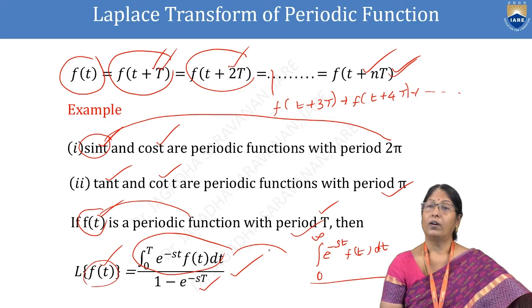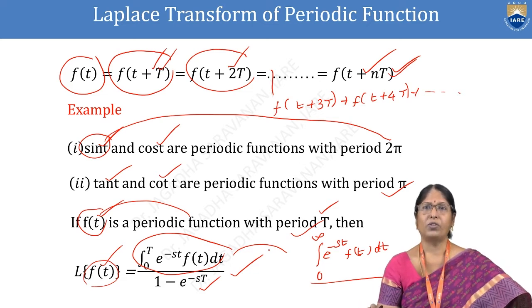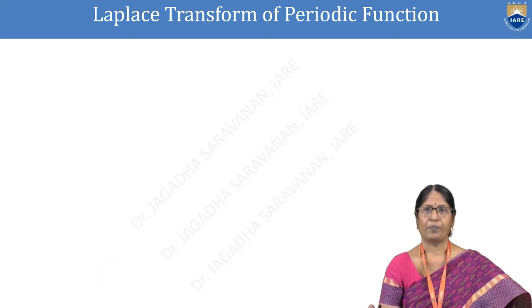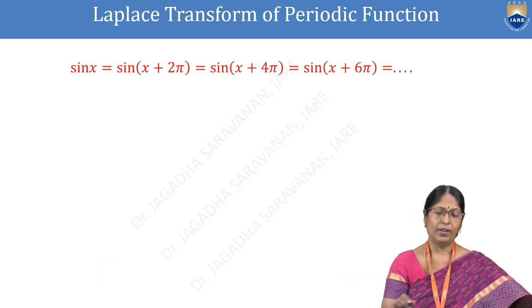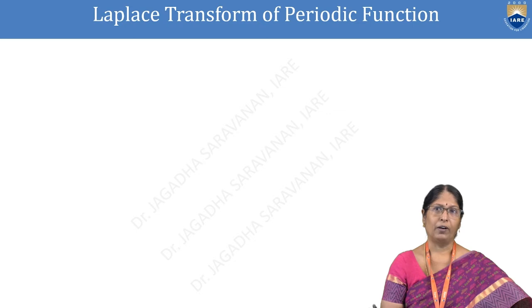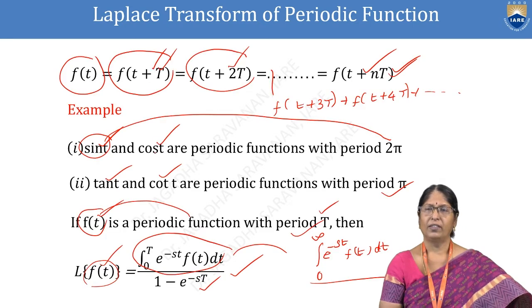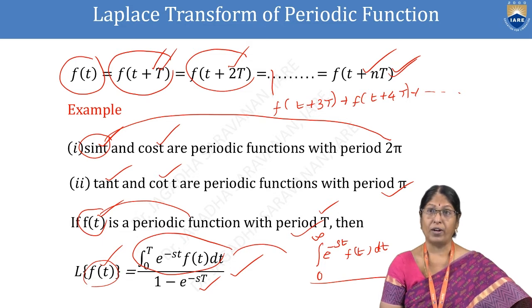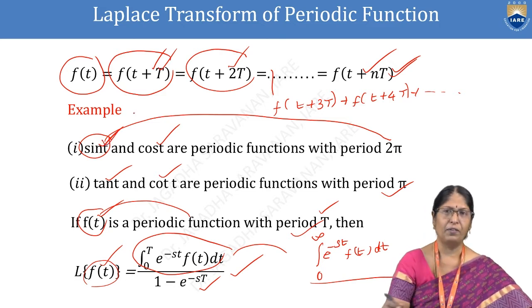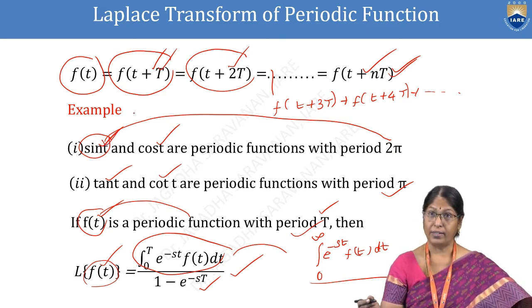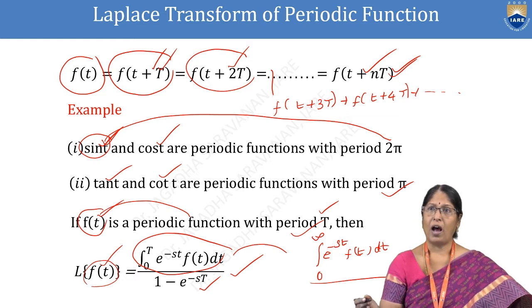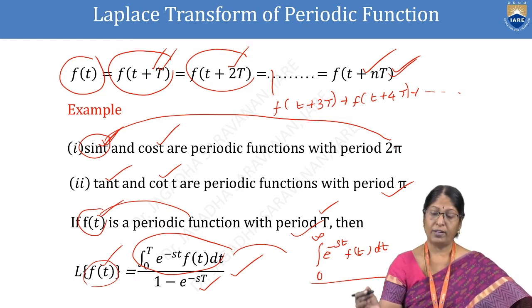So we discussed the Laplace transform of a periodic function. Now, sin t and cos t, the trigonometric functions from the previous slide, are periodic functions with period 2 pi. We will see how sin t is a periodic function and how the period 2 pi is written.